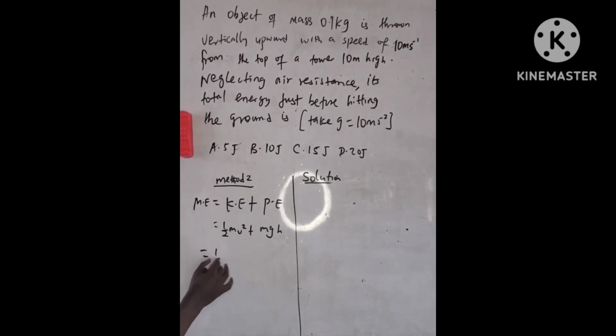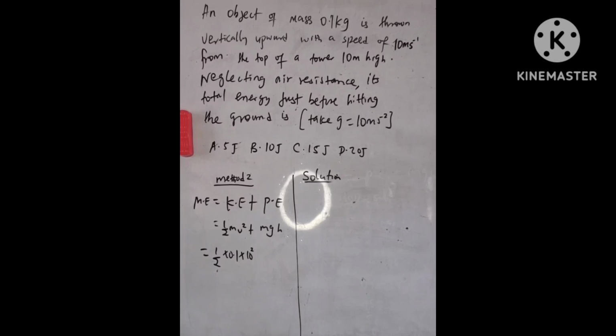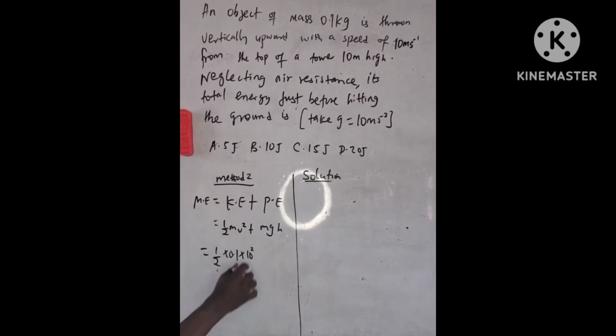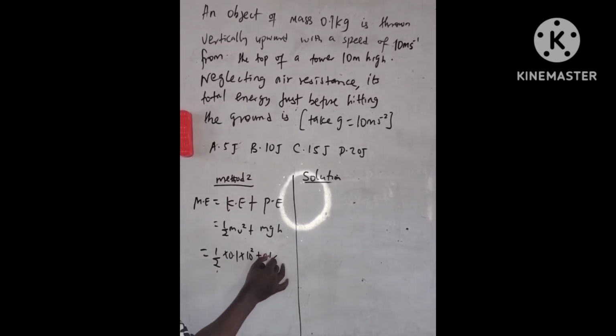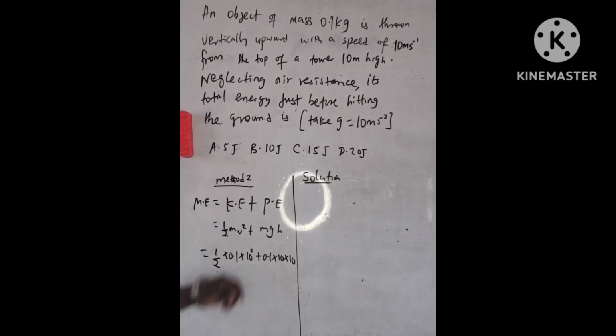So that will be equal to 1 over 2 times 0.1 times 10 squared, that is the velocity, plus 0.1 times 10 times 10, that is the height above the ground.